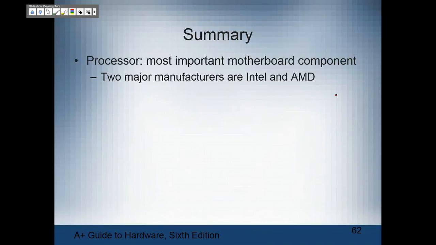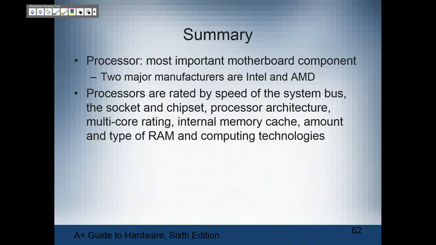Processor, most important component. Manufacturers, Intel and AMD, are rated at speed of the system, and it's going to have a multiplier of some kind that's going to run faster than the bus speed. Multi-core, we have internal memory, cache.